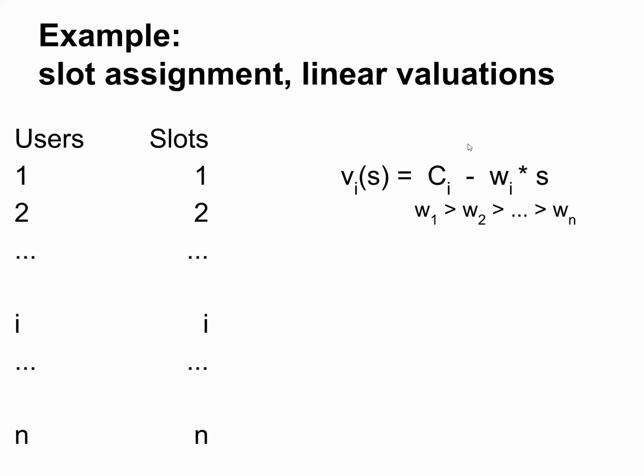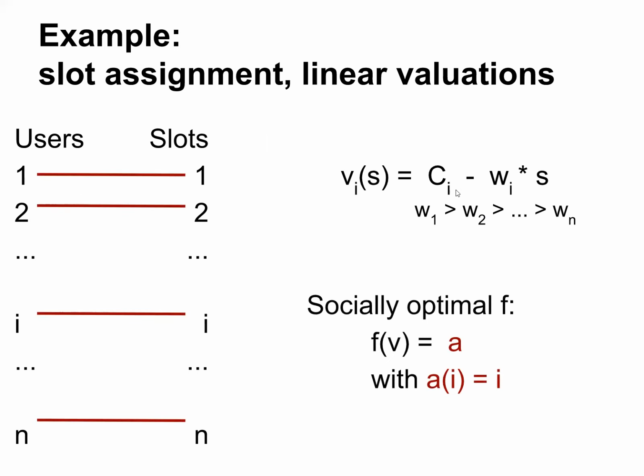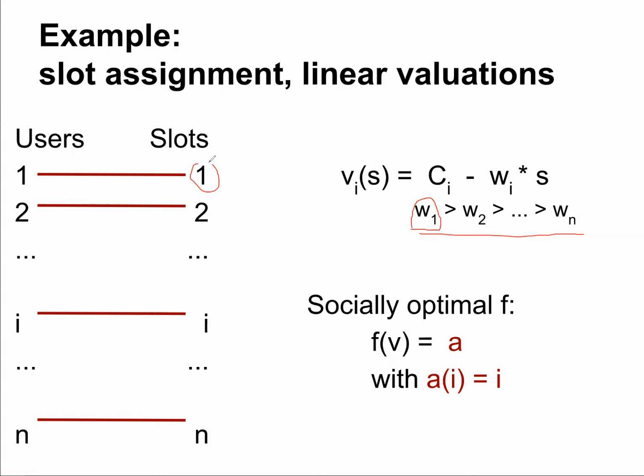So again, coming back to our example of slot assignment with linear valuations, the socially optimal social choice function will allocate the slots in the order of decreasing impatience or decreasing weights. And again, as we already discussed, this is not truthful, not incentive compatible. Every user will want to be the user one to get slot number one, and will have the incentive to lie to the mechanism.